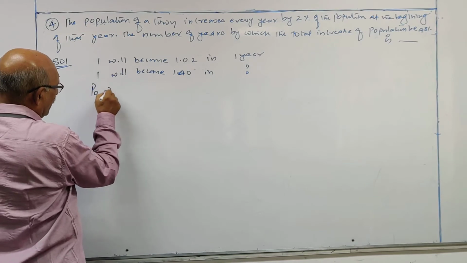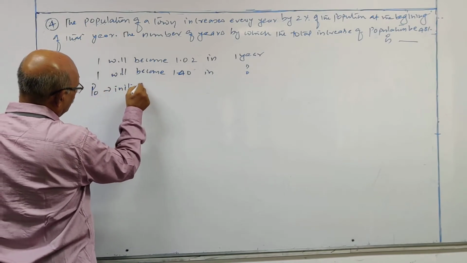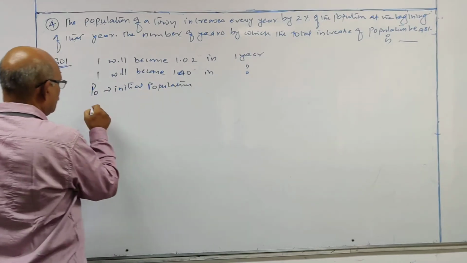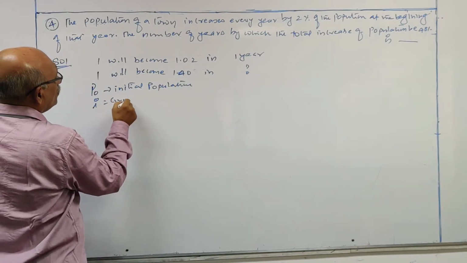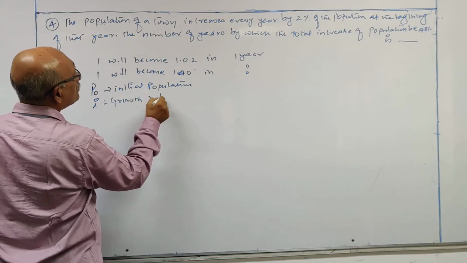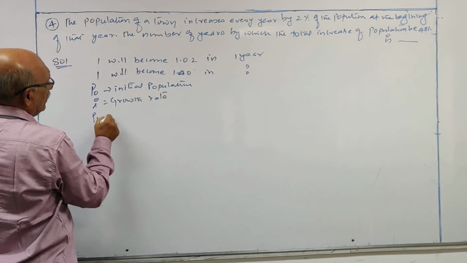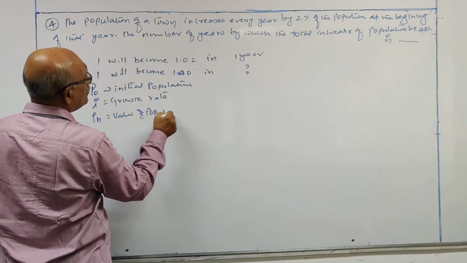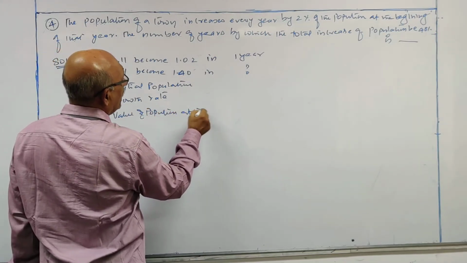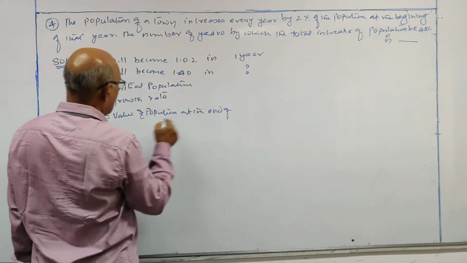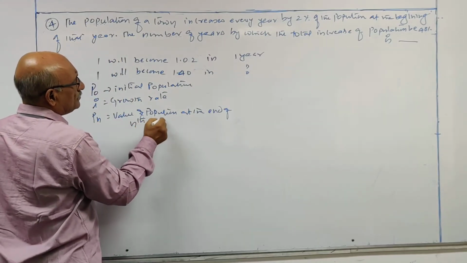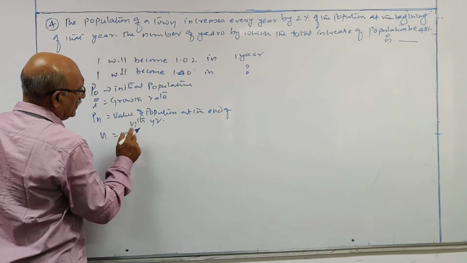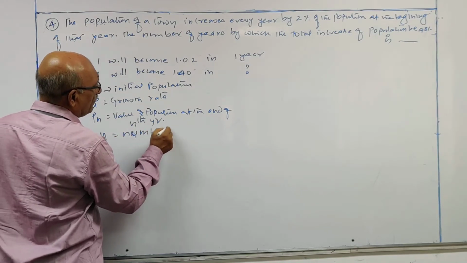So P0 is equal to initial population, I is equal to growth rate, Pn is equal to value of population at the end of nth year, n is equal to number of years.